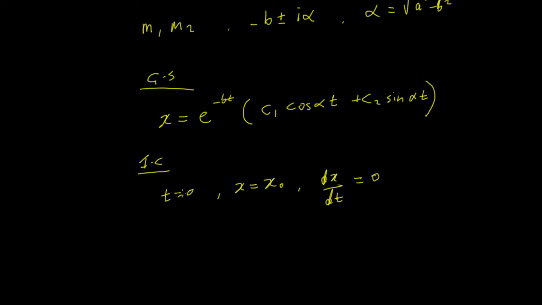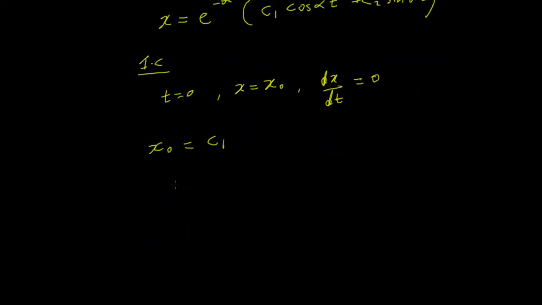When t equals 0, sine of 0 is 0, so that disappears. Cos of 0 will be 1, so that will be the value c1, and e to the minus bt will be 1, and x will equal x0. So x0 is going to equal c1.